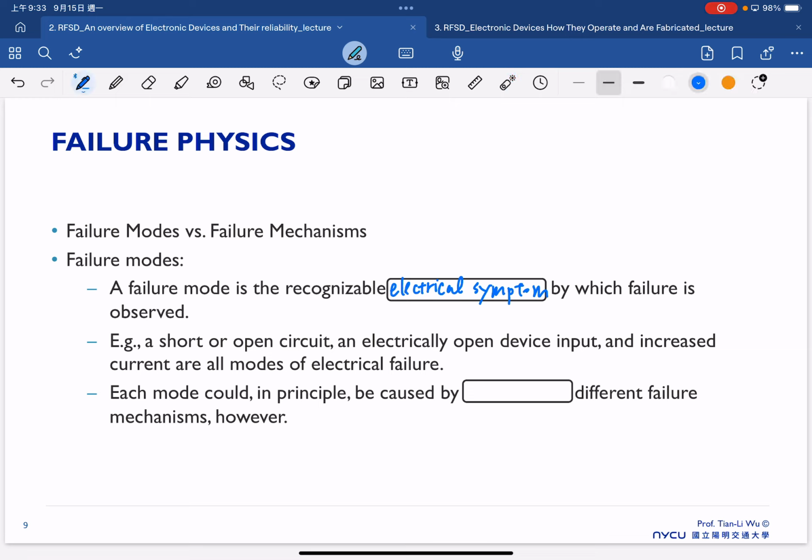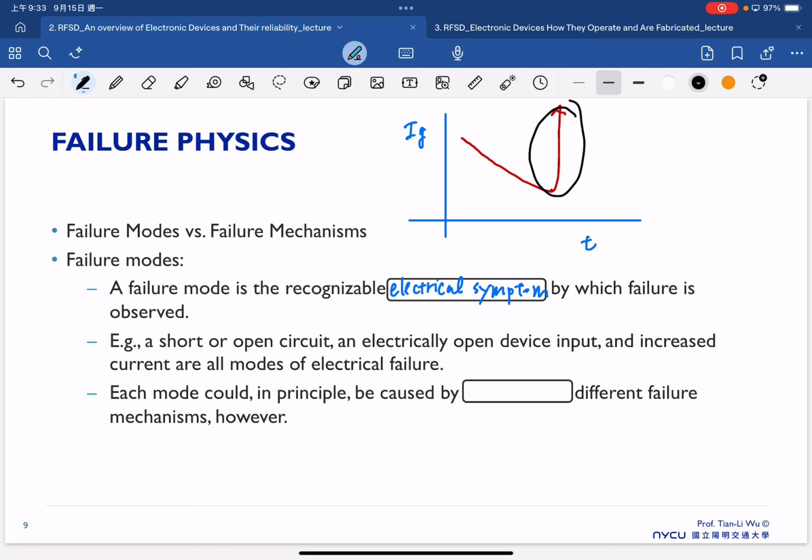For example, if you look at the gate leakage current versus time, last week we mentioned a very famous reliability issue, what we call TDDB, where in the beginning we see the current slightly decrease, and after a certain moment we start to see the current increase, which indicates a dielectric breakdown in this region.